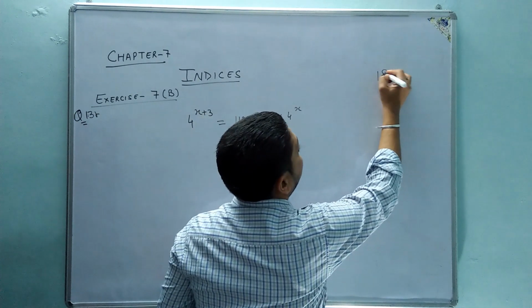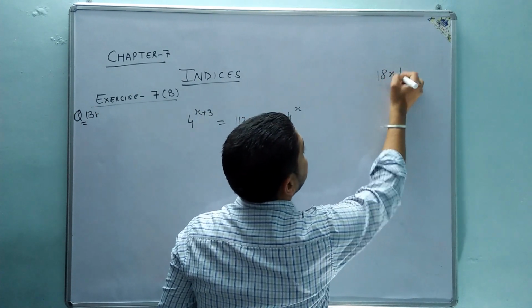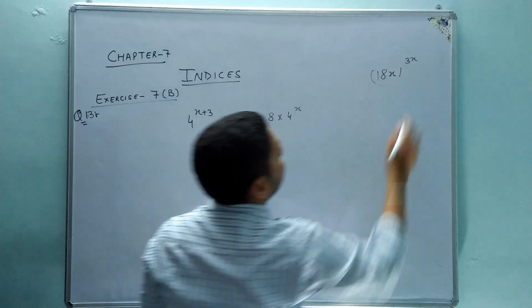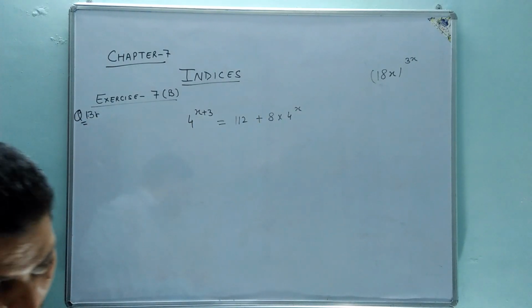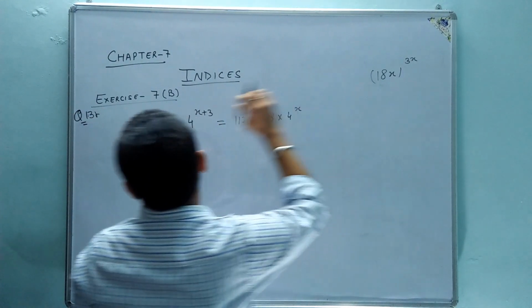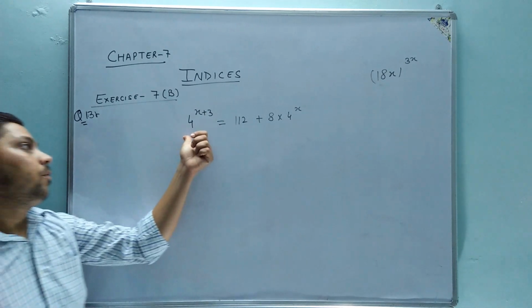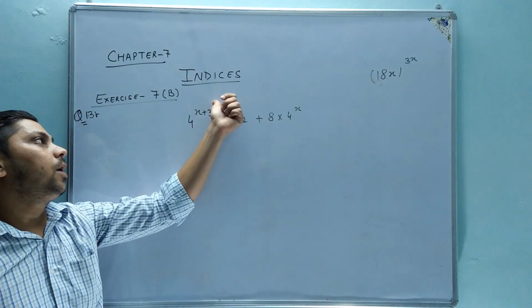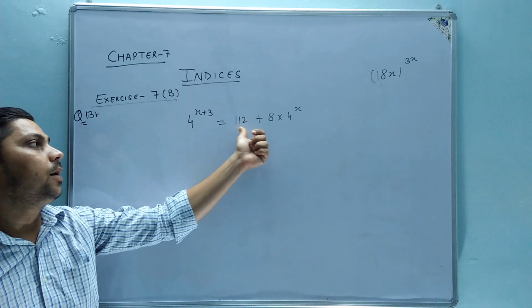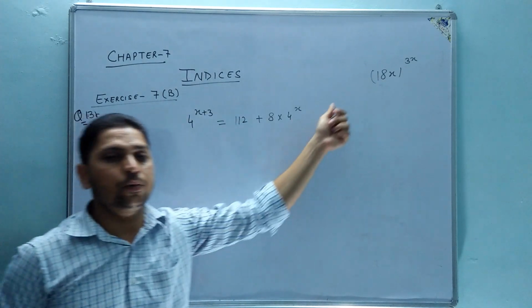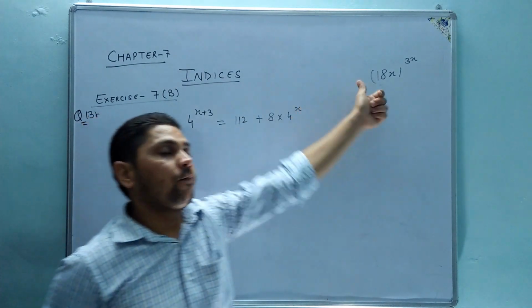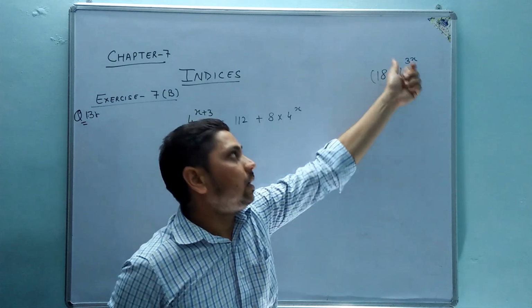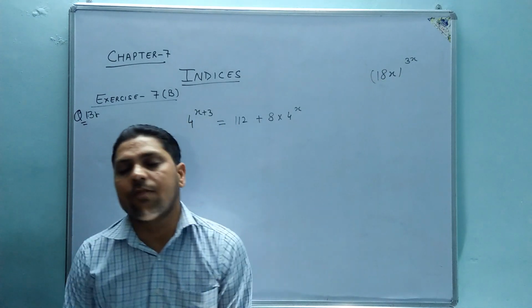Find the value of 18x raised to power 3x. What condition is given? 4 raised to power x plus 3 is equal to 112 plus 8 into 4 raised to power x. What we have to find? 18x raised to power 3x.